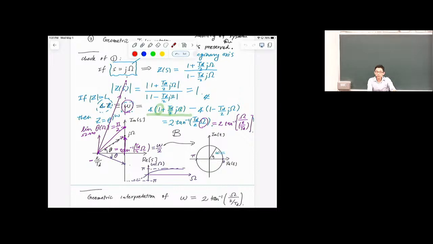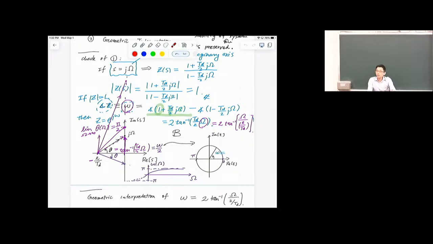And that's a really important and nice property, because it means the bilinear transformation preserves stability. If you start with a stable system in the S domain, which means that all the poles need to be located on the left-hand side of the imaginary axis with negative real part, that is a sufficient and necessary condition for stability of a continuous-time, analog system.